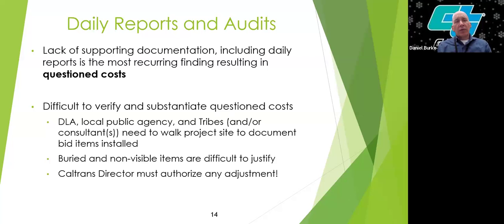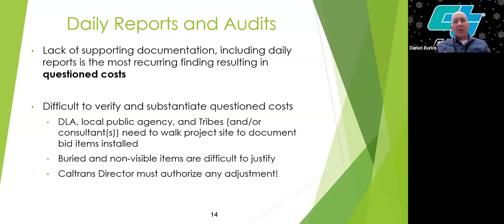It's very difficult for us to verify and substantiate any questioned costs when an audit does come out. We're often recommended to recover reimbursed costs from the local public agency or the tribe. And what we'll do is have the construction oversight engineer come out to the job site with you, and we'll look to verify that the items were actually installed and implemented as agreed upon in the engineer's estimate that was executed in the contract with the contractor.